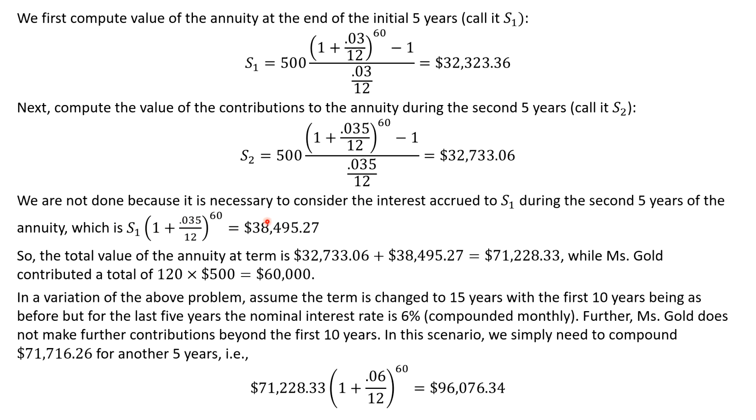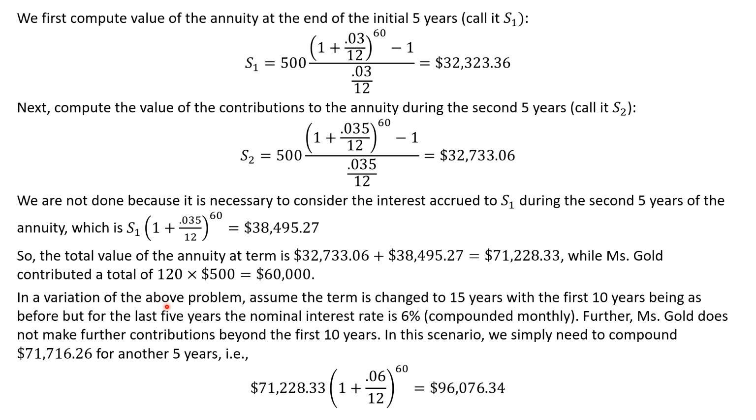You're just accumulating interest. So the total value of the annuity at term is this here plus this. So it's $71,228.33. While Ms. Gold contributed a total of 120 deposits of $500, or $60,000.